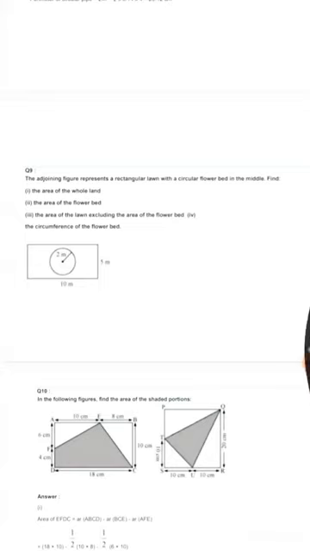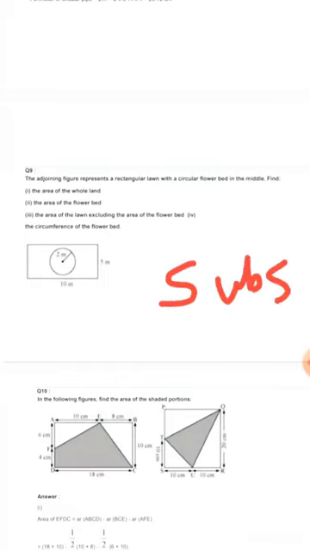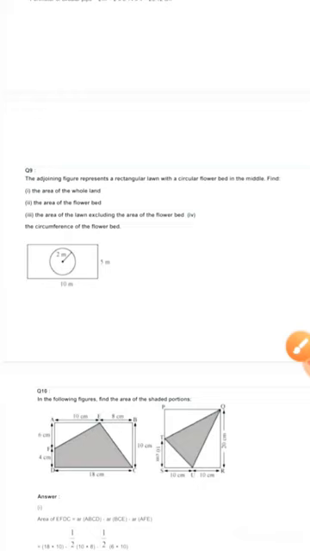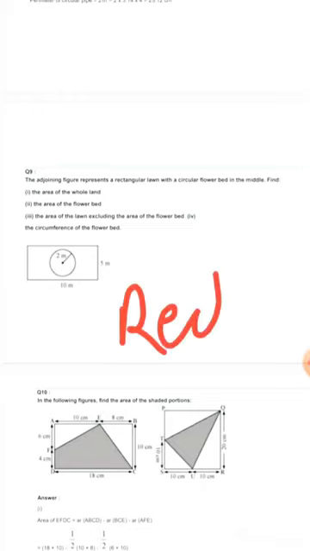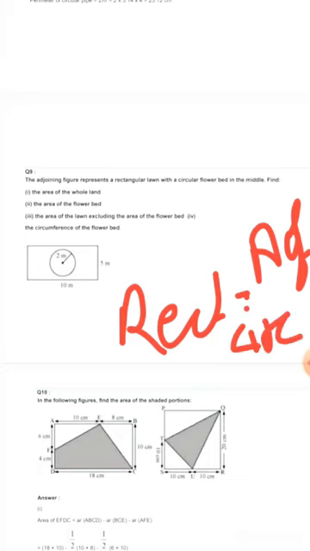See, the area of the flower bed is what? Area of the flower bed will be pi r square, because it is circular in shape. If you subtract the area of the circular flower bed from the area of the rectangular lawn, you will get the area of the lawn excluding the flower bed.